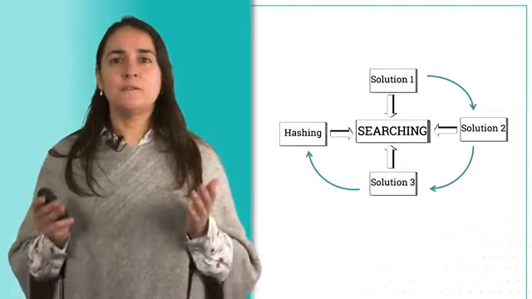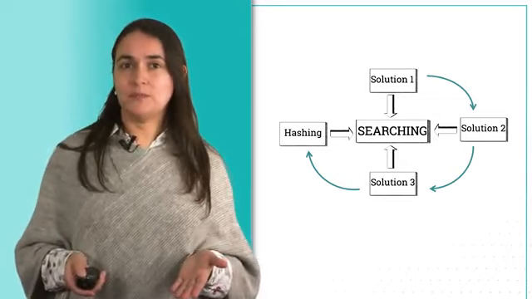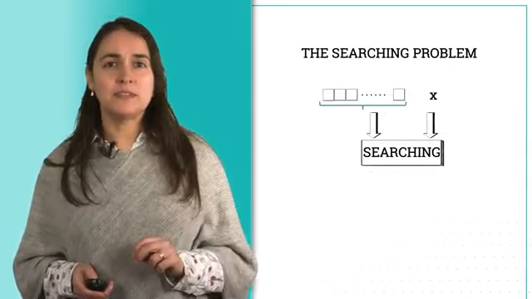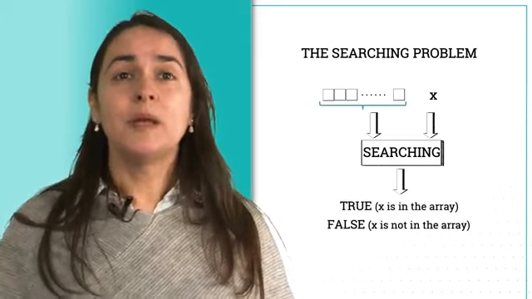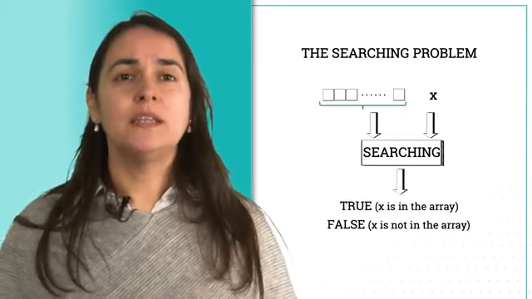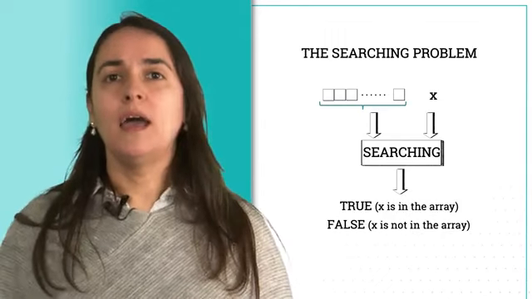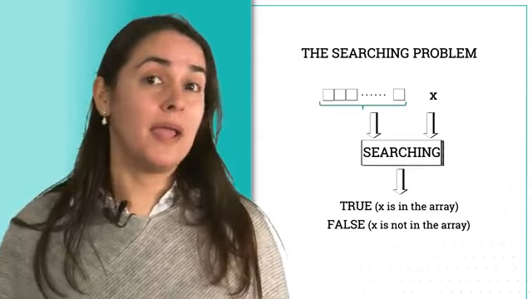Let's start by defining the problem of searching in the context of this lecture. The input data will be an array of numbers and a number to search for. The algorithm must give as a result the Boolean value true if the number is in the array, and the Boolean value false if the number is not in the array.